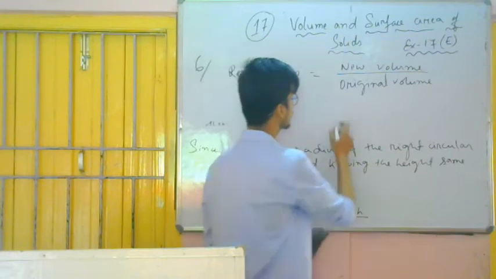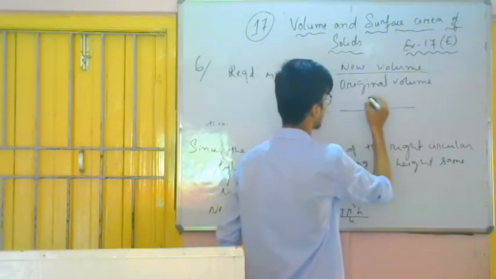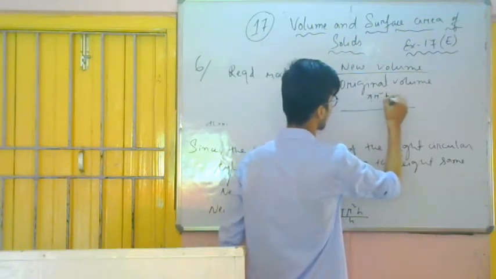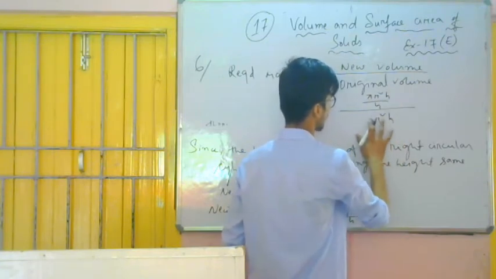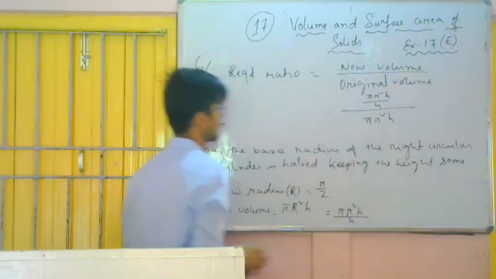So new volume you see it is pi r square H by 4, and original volume it is pi R square H.